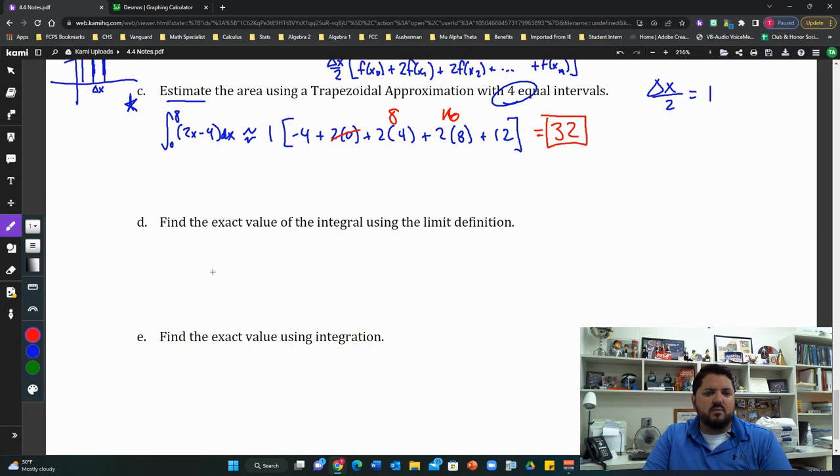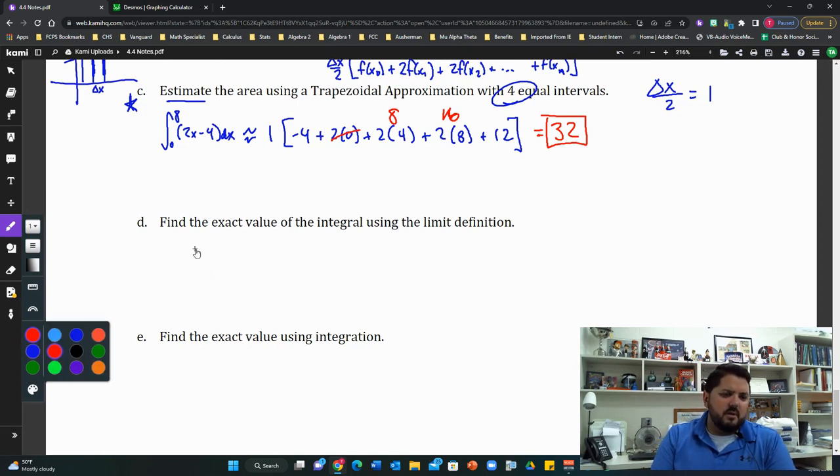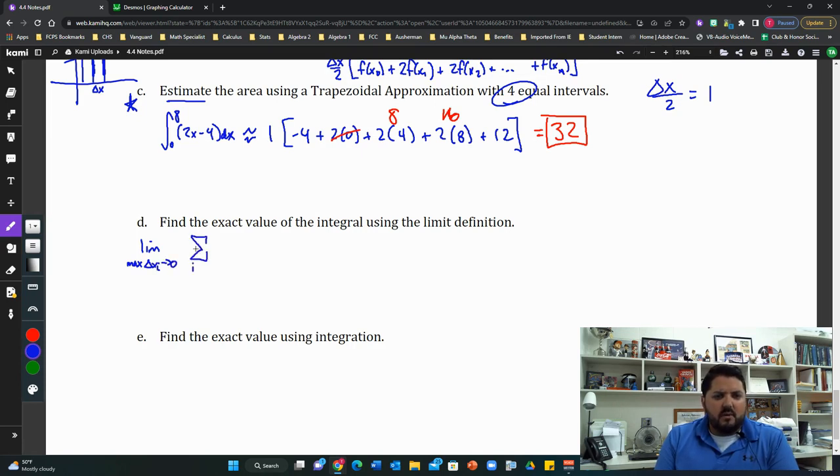All right, now for the last one, for D, we're going to find the exact value using the limit definition. Okay, so one more time. So the limit as the maximum delta x sub i goes to 0 of the sum from i equals 1 to n of, now let's find our stuff. So delta x in this case is 8 minus 0 over n, so 8 over n.